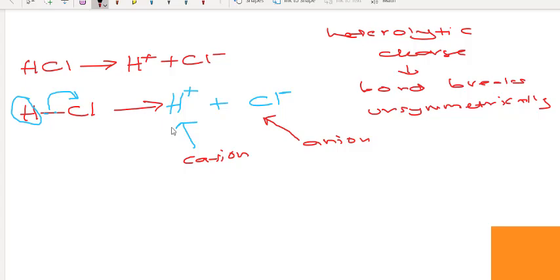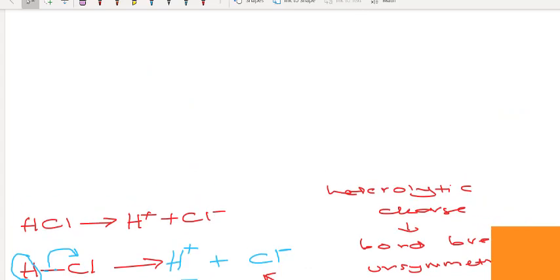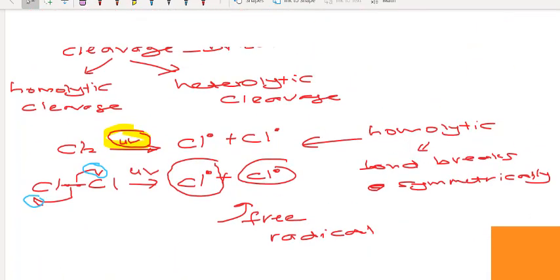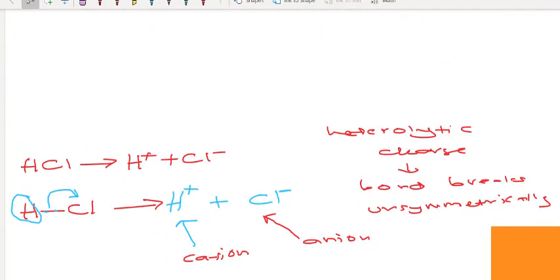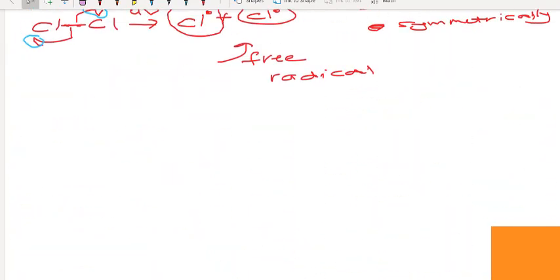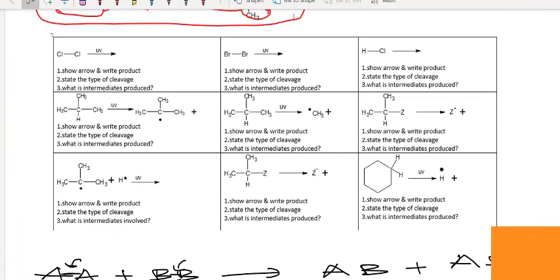For this time, just bear in mind, if the reaction involves UV, we can conclude that the reaction is homolytic cleavage. I'm going to show an example of how to answer the question I'm going to give you after this.